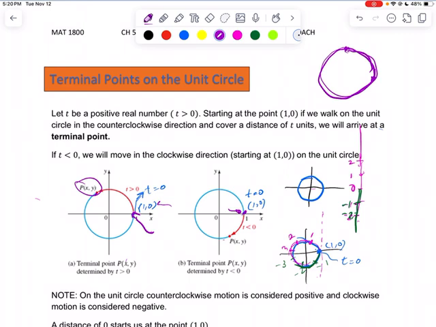So this is our 0. I draw the positive direction in pink and the negative in green. Bring this number line close to the starting point of the unit circle, over here.